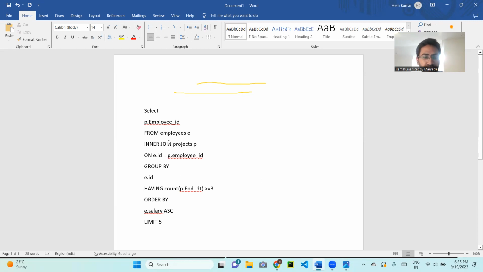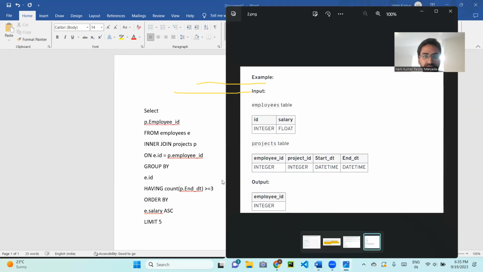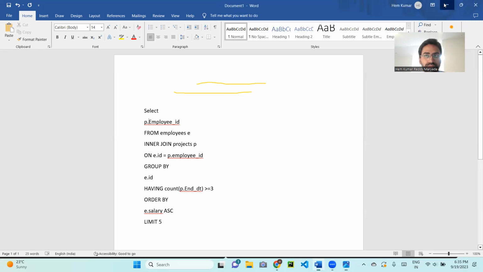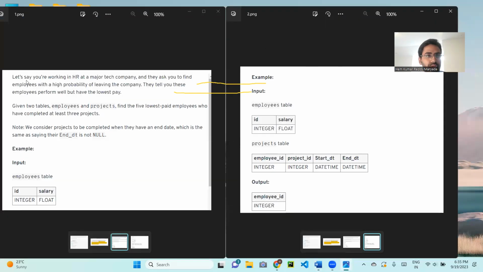So once again I'll discuss the question with you. Let us say you're working in HR at a major tech company and they are asking you to find employees with higher probability of leaving the company. They tell you that these employees perform well but have the lowest pay. Performance is discussed, but it is not given in the tables.